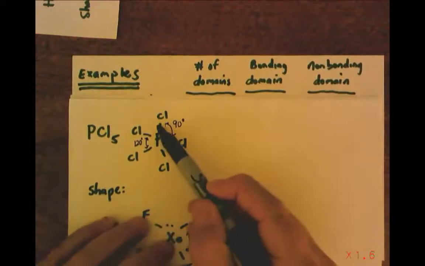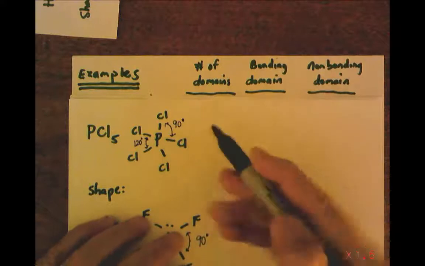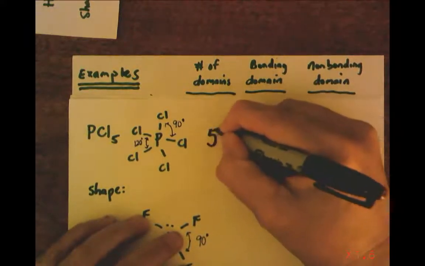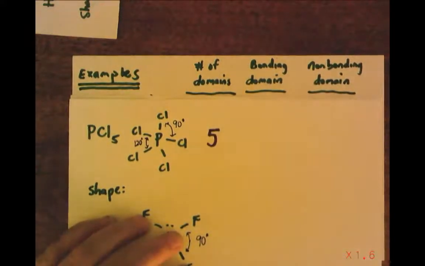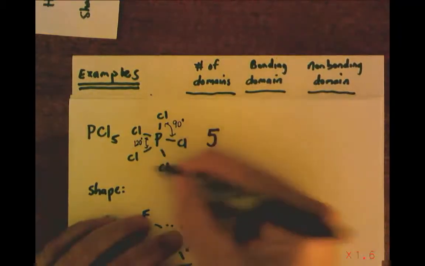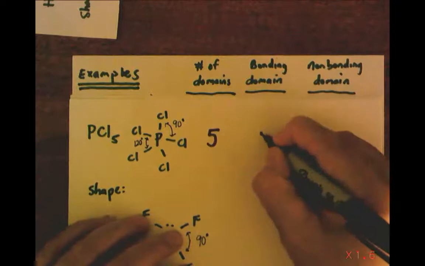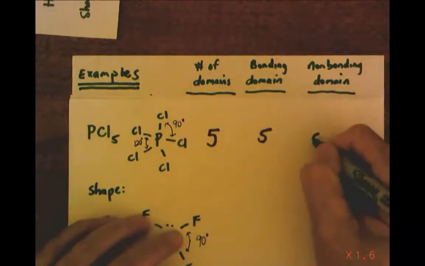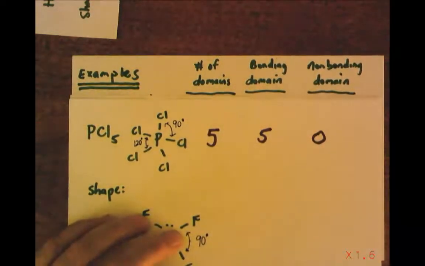Okay, so here we go. So let's count domains. 1, 2, 3, 4, 5. So that's 5 total domains. Okay, how many of them are bonding and how many of them are non-bonding? Okay, so they're all bonding. No lone pairs, so we have 0. So what do we have for a shape now?